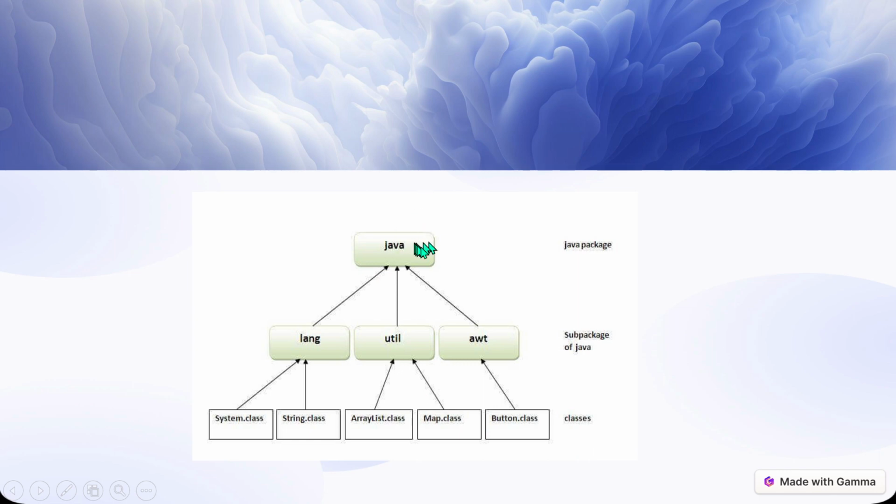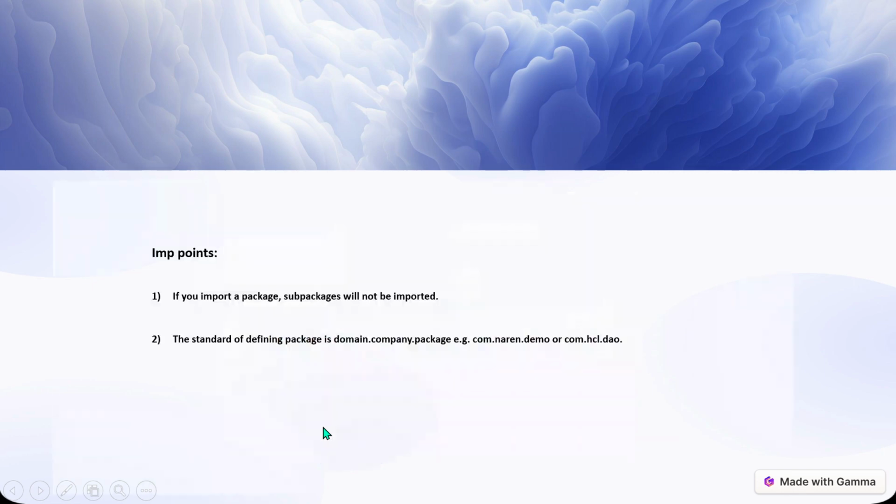Java is the package, and inside that we are having sub packages, right? java.lang, this is the default package. Util, AWT, so many packages are there, and each package is having multiple classes and interfaces, enums, static variables, instance variables, everything is there inside a package.